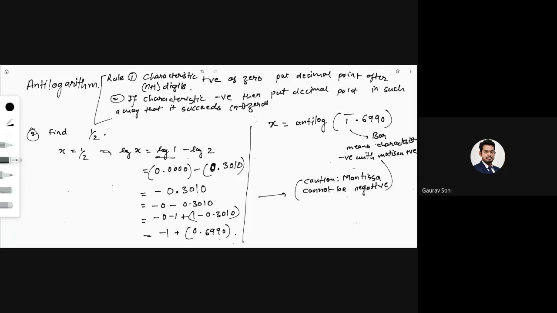Now I look at the digits after the decimal point, 6990. Go to the anti-log table, look at 0.69 and column number 9. What is it? 5000.